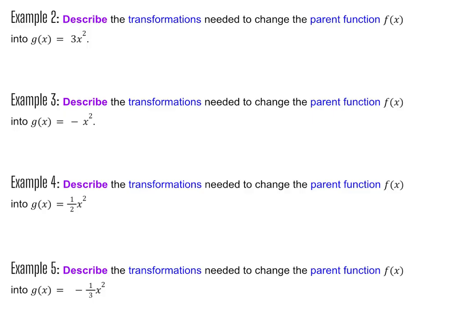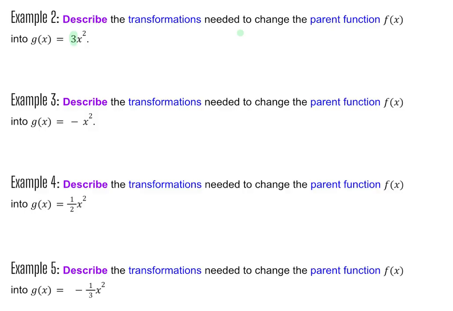So now we also want to use our verbs because we want to describe the transformations needed to change the parent function, f of x, into a new function. This time we want to look at the actual equations. So we want to identify the value of A and interpret what it means. So in my first example, we have g of x is equal to 3x squared.